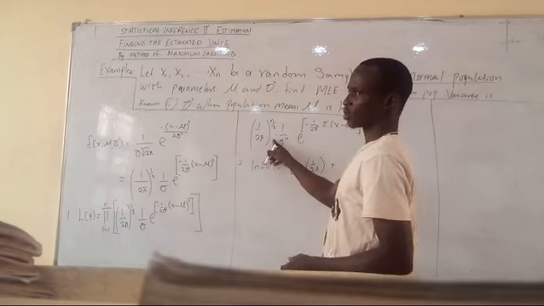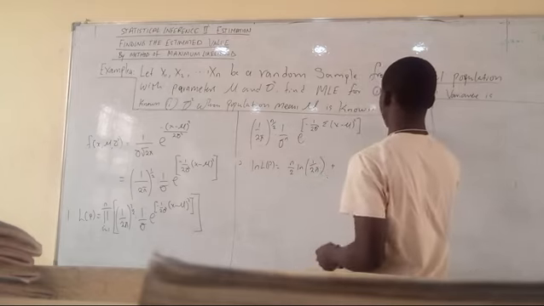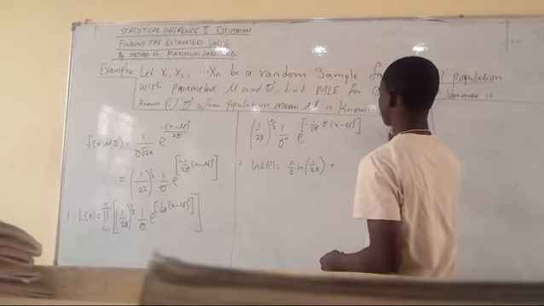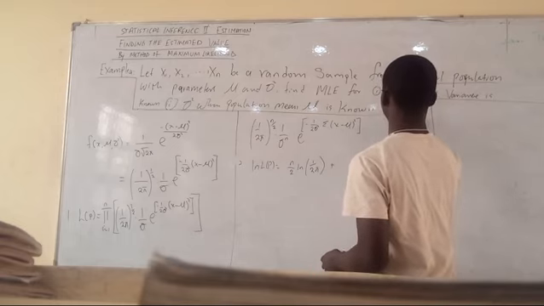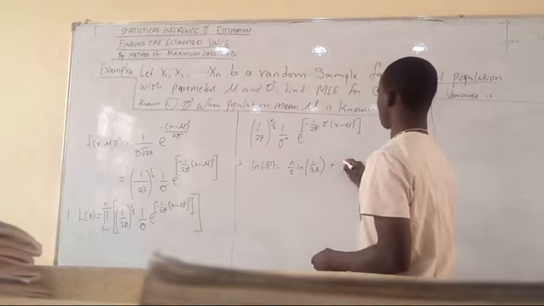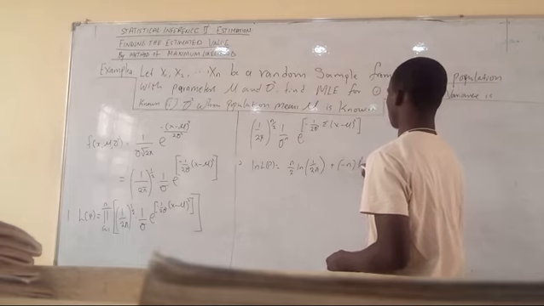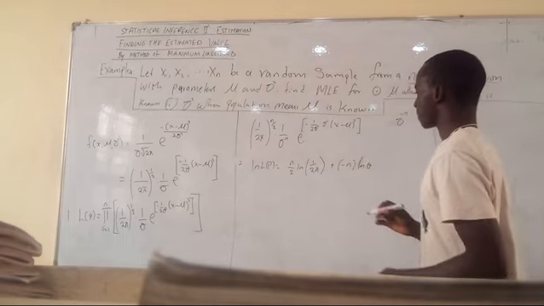Since it's multiplication, it becomes plus. Rewrite this thing: it's going to be minus n ln sigma. Is that correct? Yes. So this becomes minus n, then ln sigma.